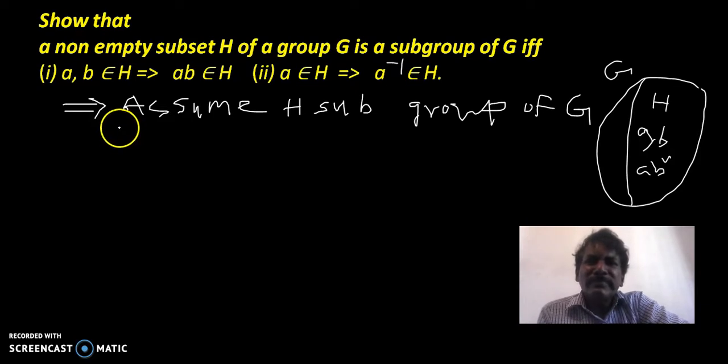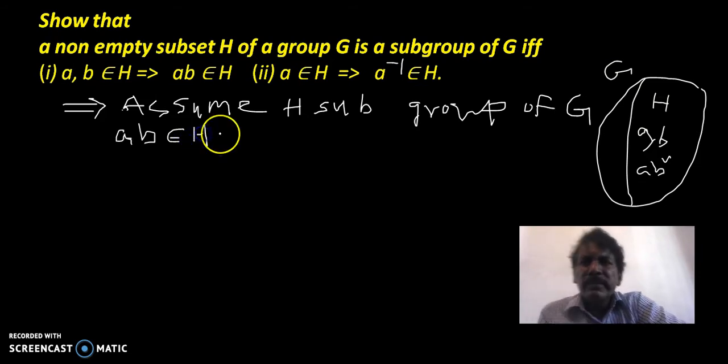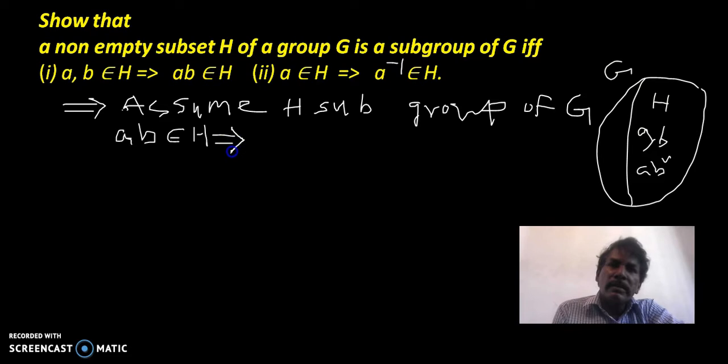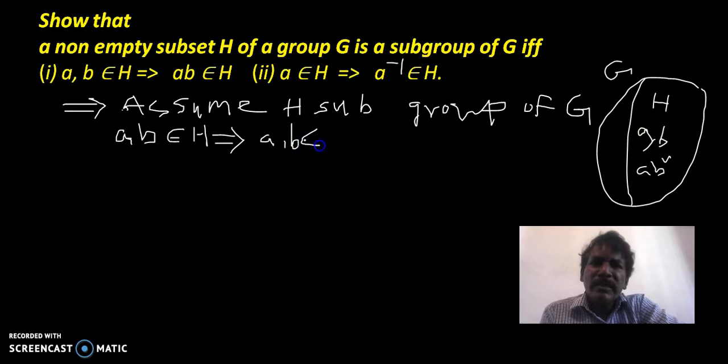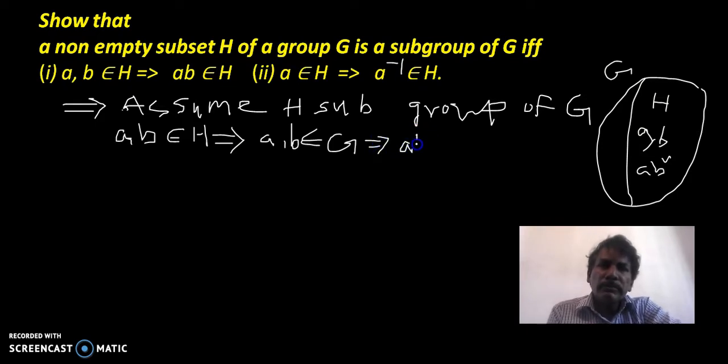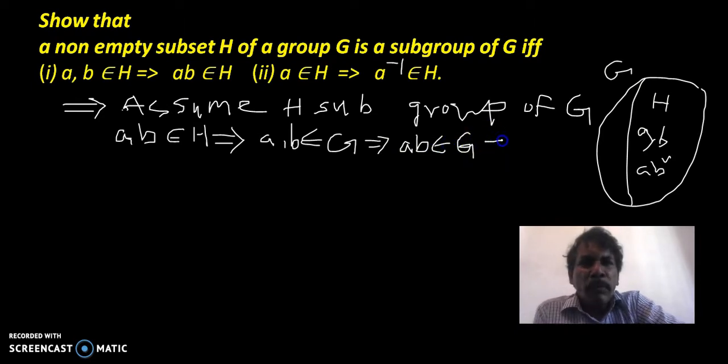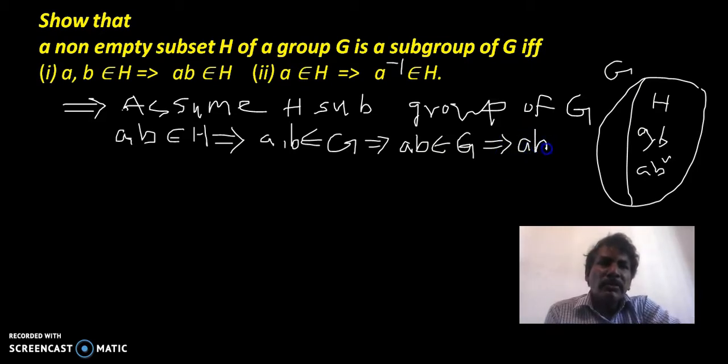Imagine that a, b belongs to H, which implies what? a, b belongs to G also, because H is a subset of G. So this implies ab belongs to G, which implies ab belongs to H also.